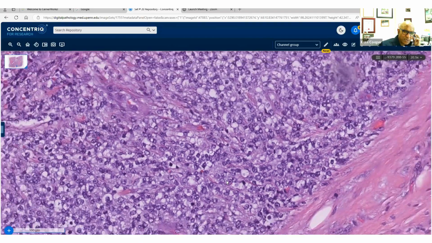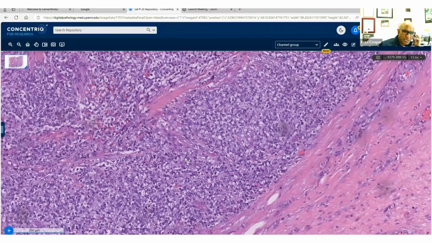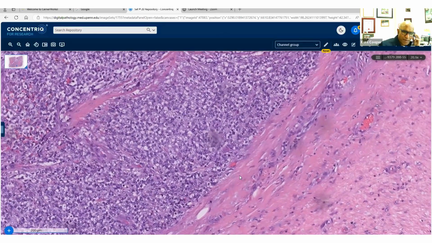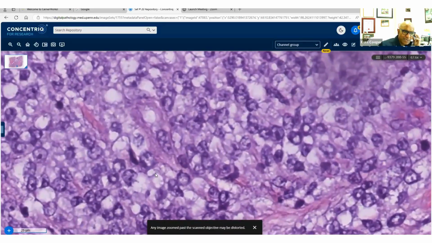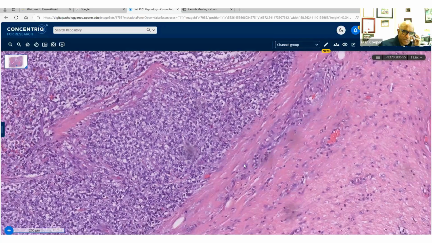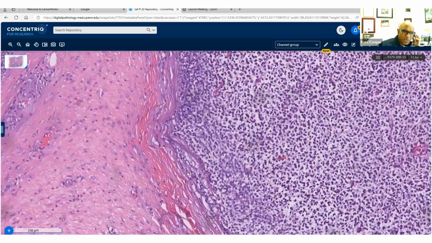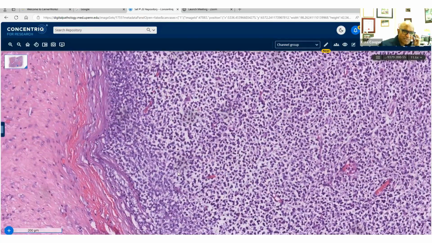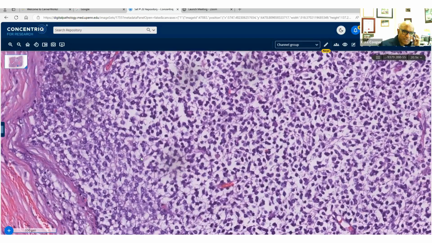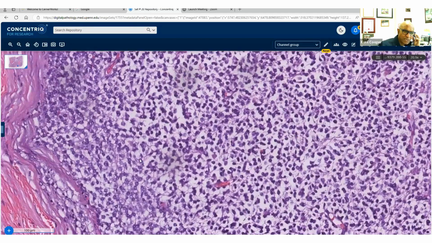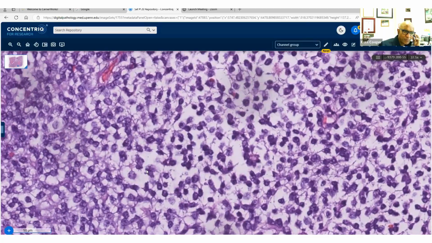Chromatin is vesicular. And I'm going to show you the cytoplasm here is sort of amphophilic to clear and even vacuolated in parts. Here next door, which is where I did not want to start, the cytoplasm does look clear. So there is some clearing of the cytoplasm here.